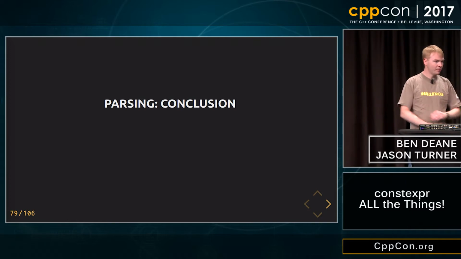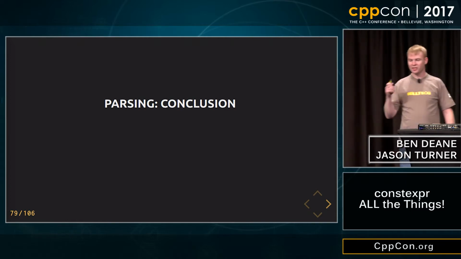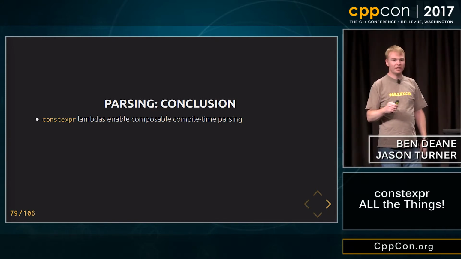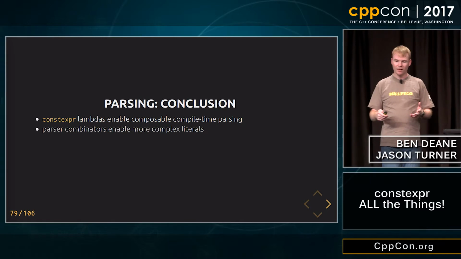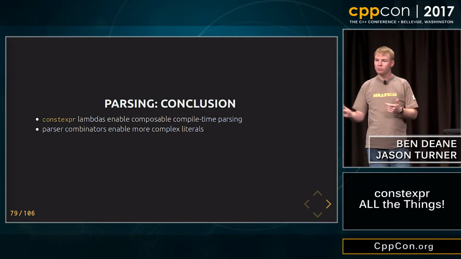I think we're going to run out of time, but the conclusion to parsing is that constexpr lambdas really enable this. That was the whole reason I was able to build up the parser combinators and actually make this work at all, and they enable a lot more complex literals. Once you have those combinators, you can plug them together in arbitrary ways to parse a bunch of things.